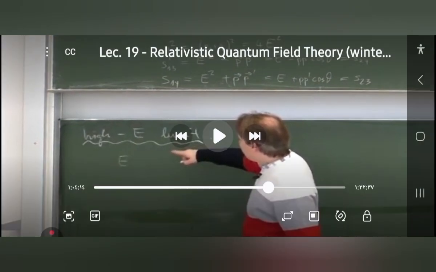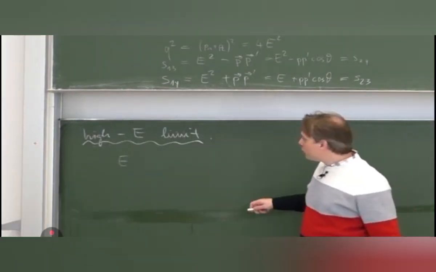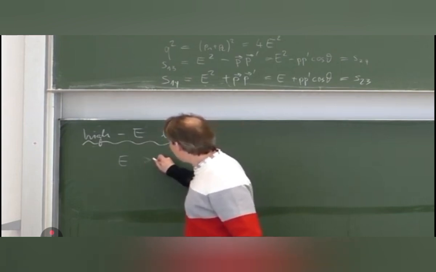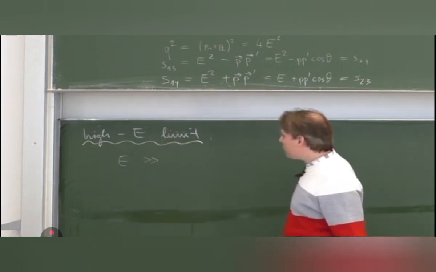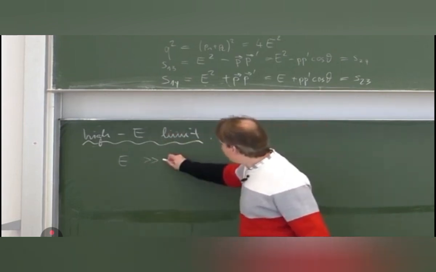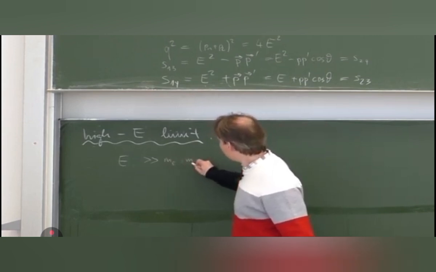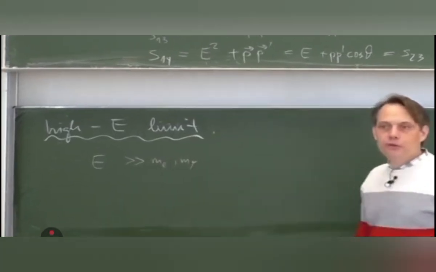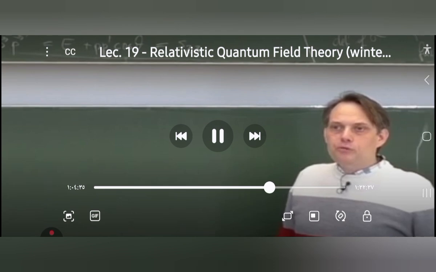In the high energy limit, we can discuss first of all what is actually a good approximation. High energy means that the energy is much larger than the masses of all the involved particles, and so all particles are ultra-relativistic, so they all basically move at the speed of light. Their rest masses can be neglected.